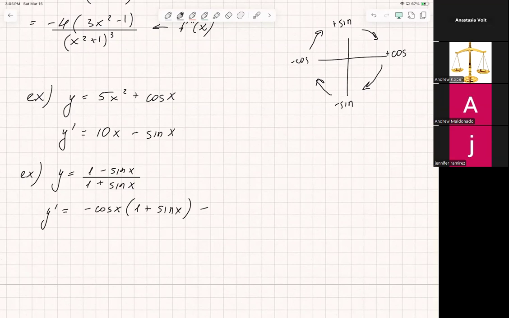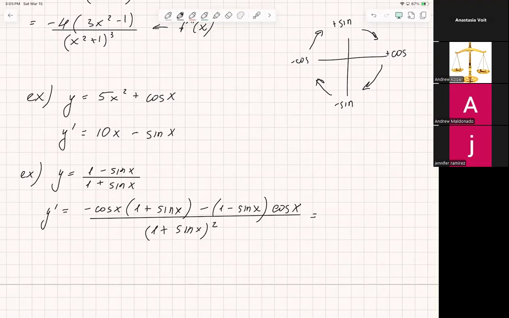Now minus 1 minus sine x from the numerator times the derivative of the denominator: 1 is gone, sine becomes cosine. Okay. And we divide by the square of the denominator, 1 plus sine x squared.